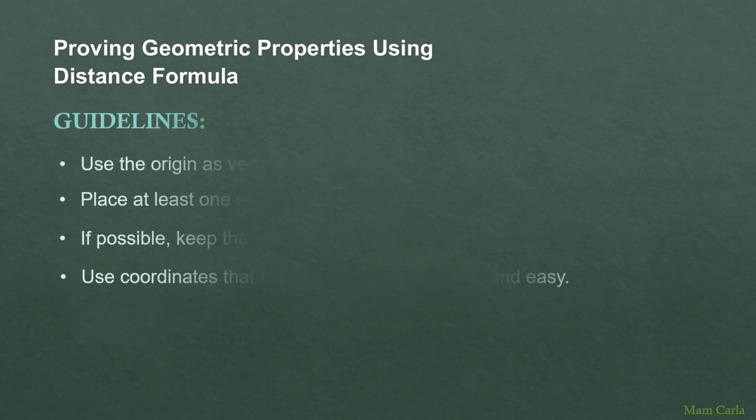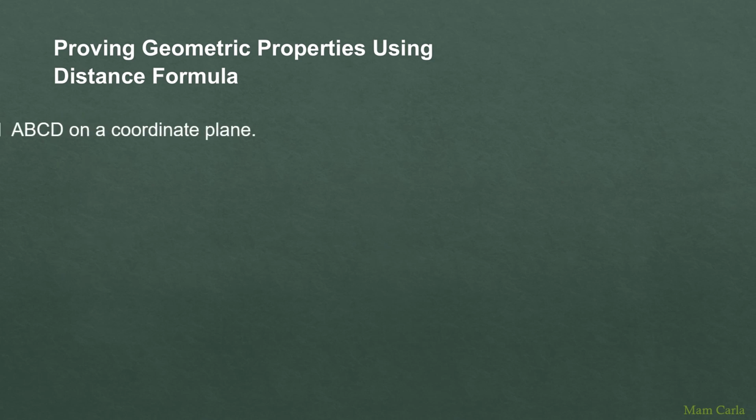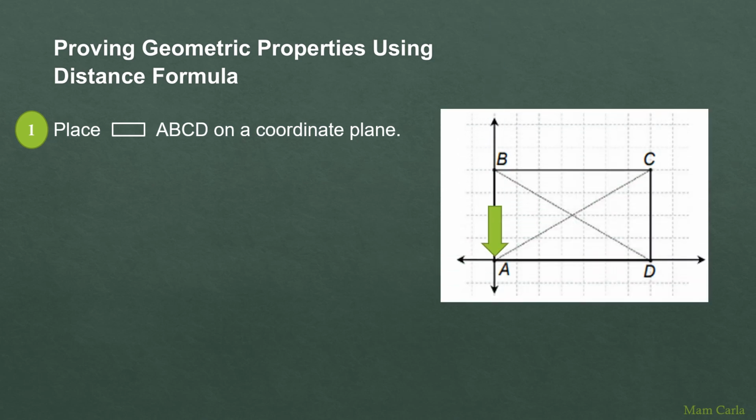Now let's start proving. For the first step, we have to place the rectangle ABCD on a coordinate plane. Following the guidelines, we have placed our vertex of the figure on the origin, and we also place at least one side of the polygon on an axis.